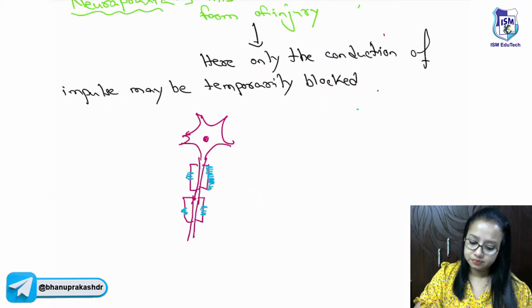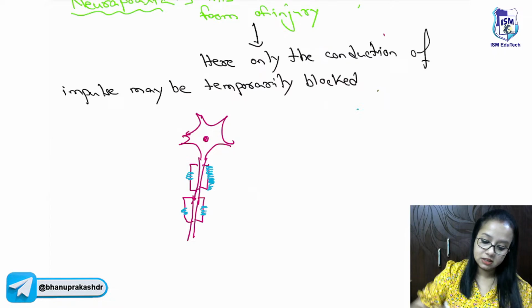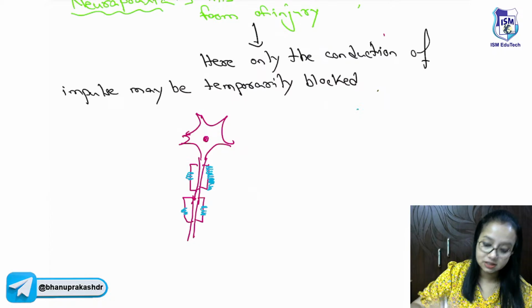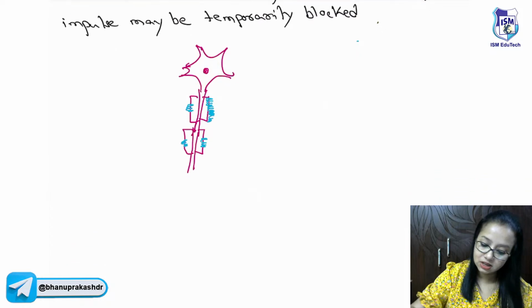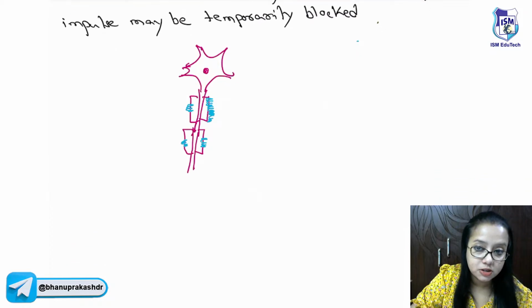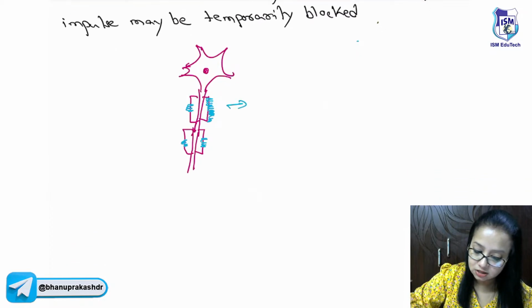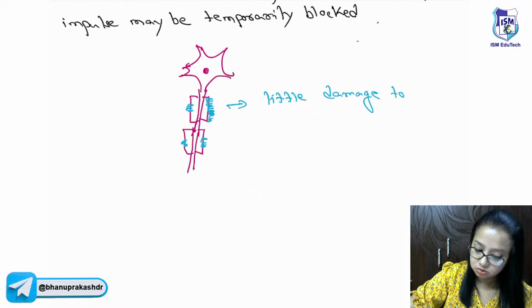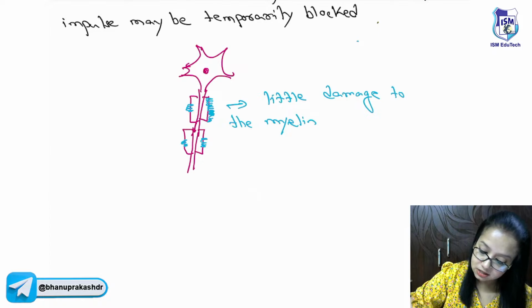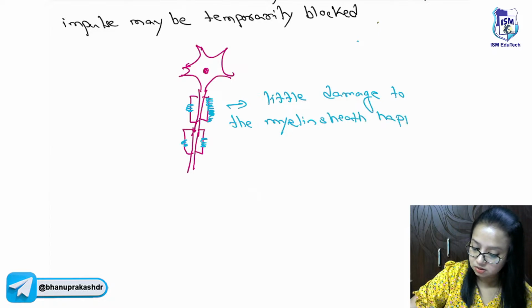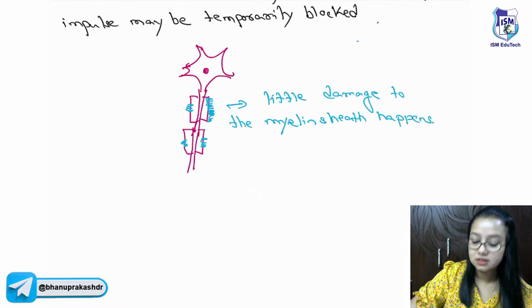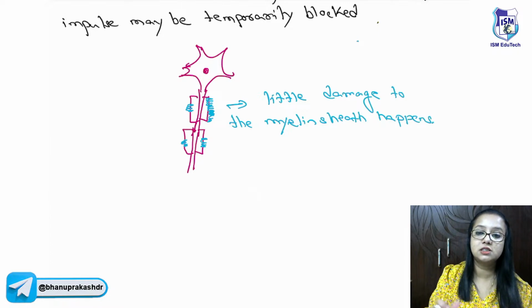So here, due to compression, neuropraxia means pressure. Due to pressure, only a little bit of damage to the myelin sheath happens. So temporarily there is stoppage in the conduction of impulse.